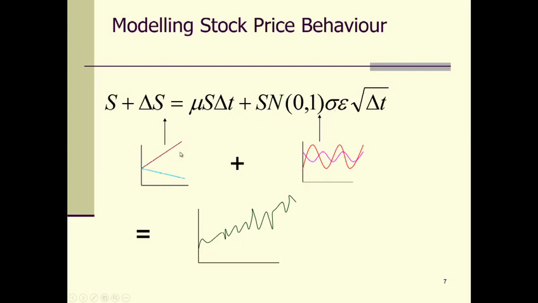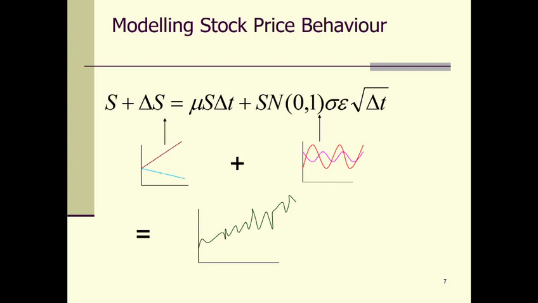So the key to understanding how stock prices move is in the drift and the variance or the volatility. The drift basically measures the direction or the trend of the stock. So if the drift rate is positive, it means the stock is trending up. If it's negative, then it's trending down. Of course, if it's zero, then it's flat, right?